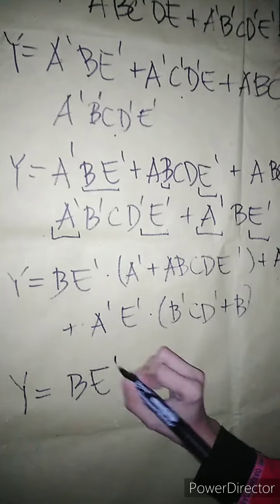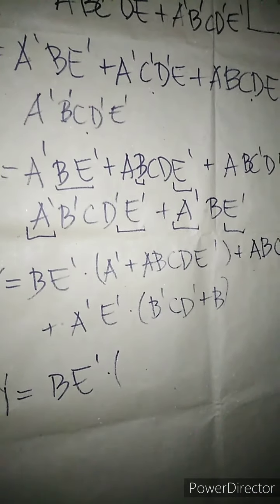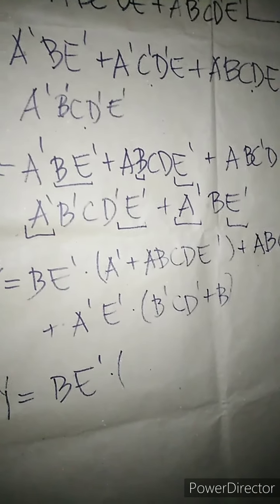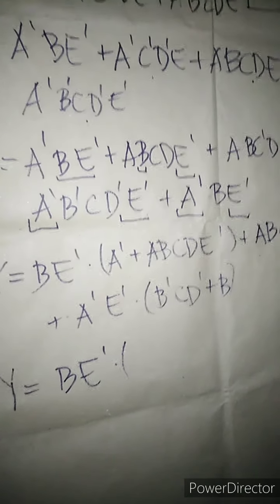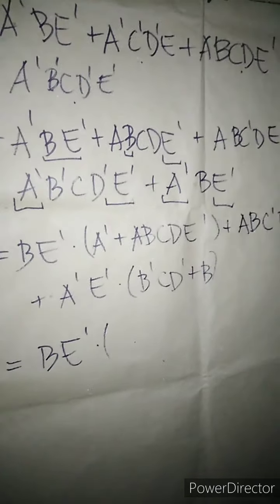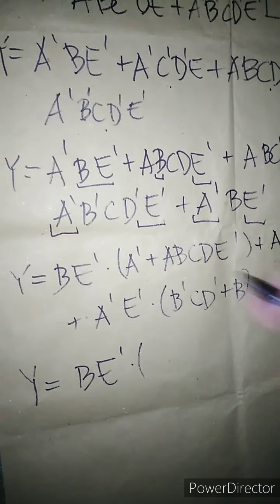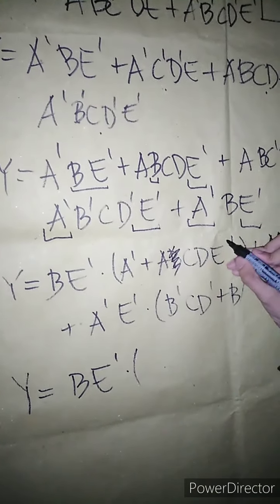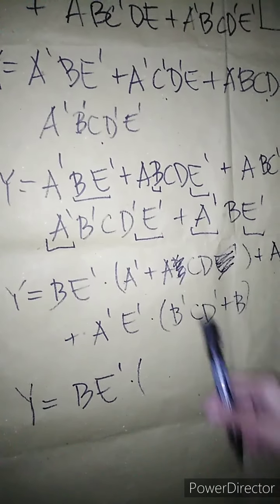Applying the distributive property, we will have B, E prime, and the quantity of, where am I in this earth? Teka lang. I'm so sorry, na ipalabas ko na pala ang B, E prime. Ito na lang yung matitira.